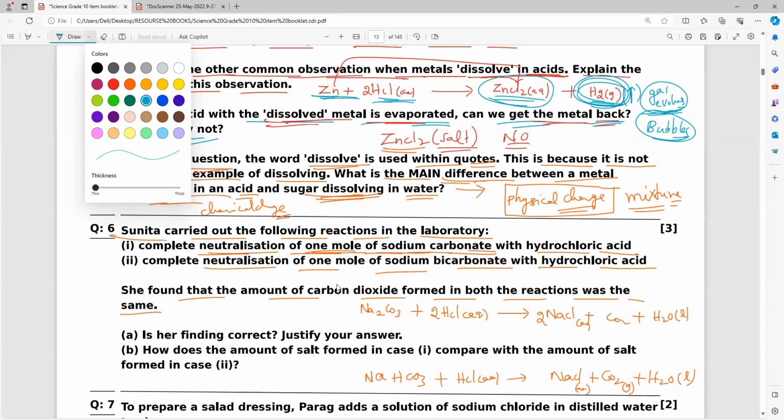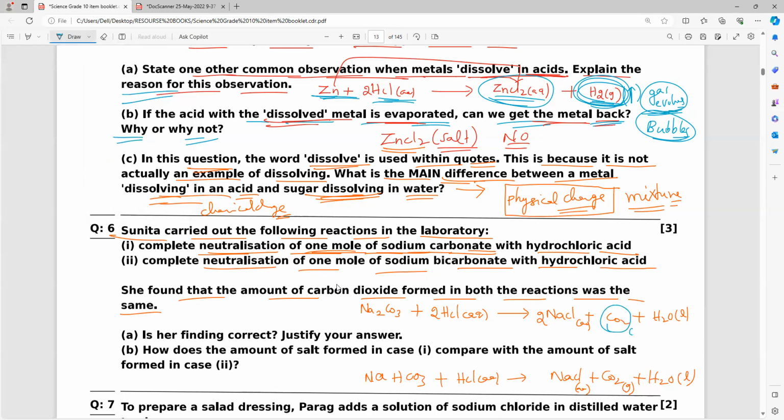So now you can see the number of moles of carbon dioxide in both the cases remains the same or not? Everybody? Yes. Justify your answer.